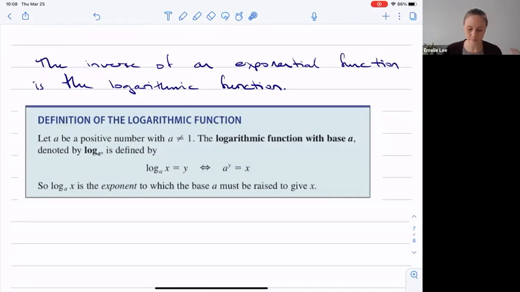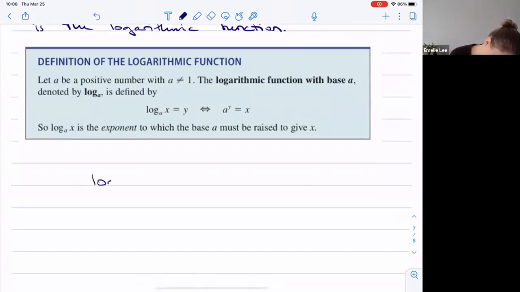So what it says is that if you have a to the power of y is equal to x, so here you have this exponential function, then that's equivalent to log base a. Notice we've got that same base, right? And so here, let's talk about log base a of x equals y.